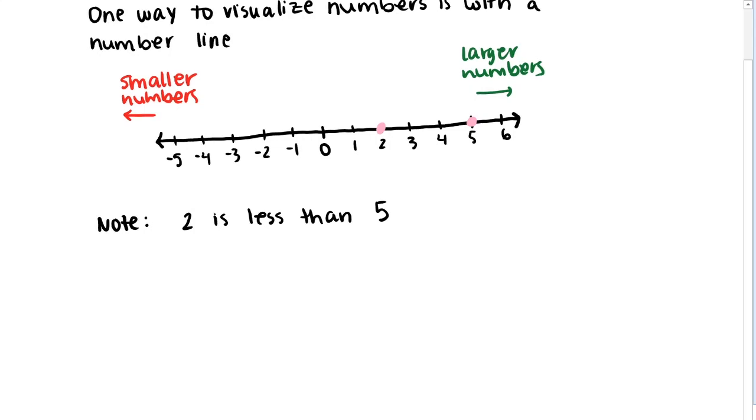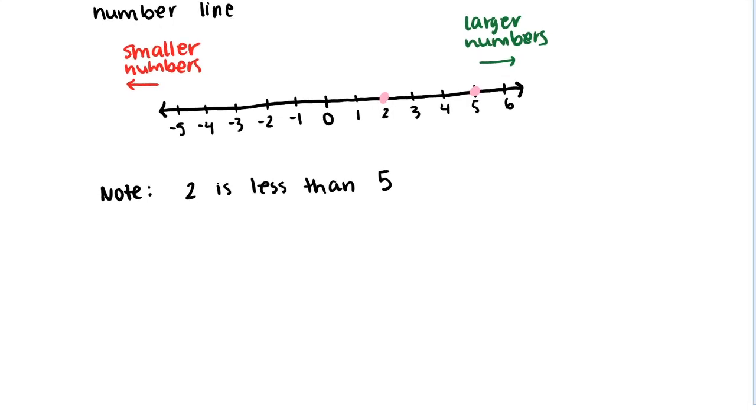And so the symbol that we use to express that mathematically is the is less than symbol. This symbol is used to represent is less than. The left side is less than the right side. So we might write something like 2 < 5. Sometimes people have a hard time remembering whether this symbol represents is less than or is greater than.